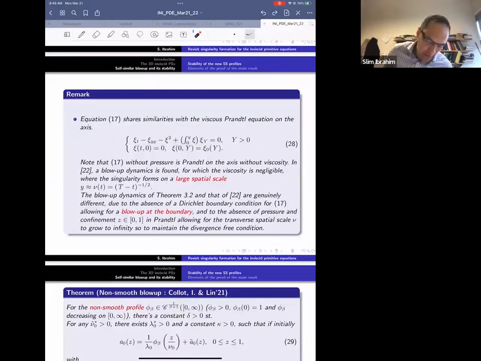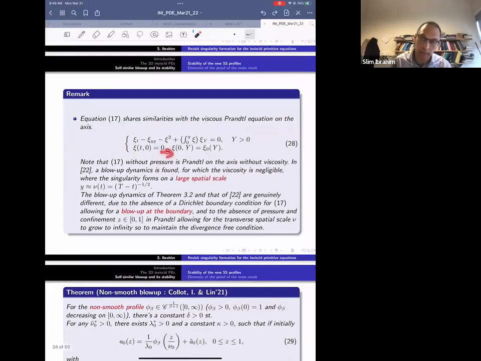However, there are main differences. The first difference is the domain. In the Prandtl equation, the domain is the half space, not confined. The second is the boundary condition. The boundary condition for the Prandtl equation is Dirichlet, and Dirichlet automatically rules out any kind of blow-up at the boundary.